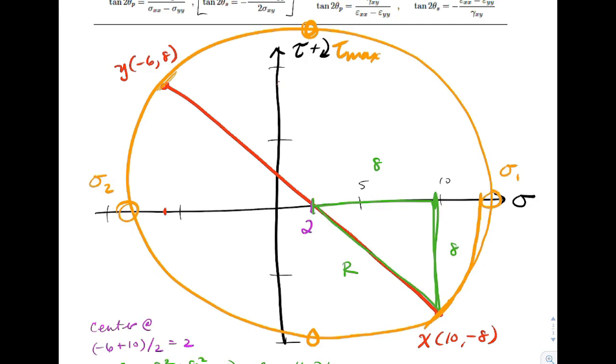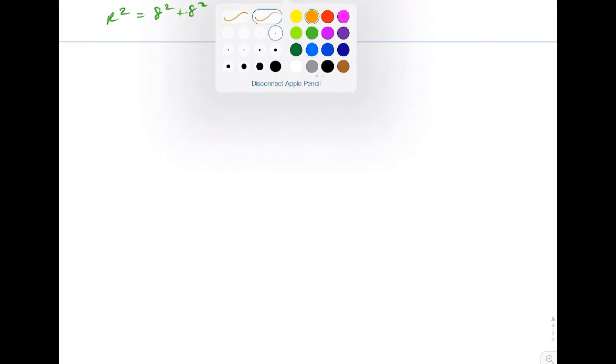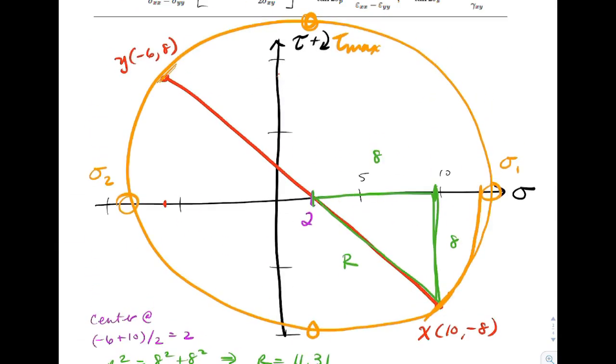So tau max is equal to R, which equals 11.31. So at that point, as our stress state is sitting at maximum shear stress, we would have a shear stress of 11.31.